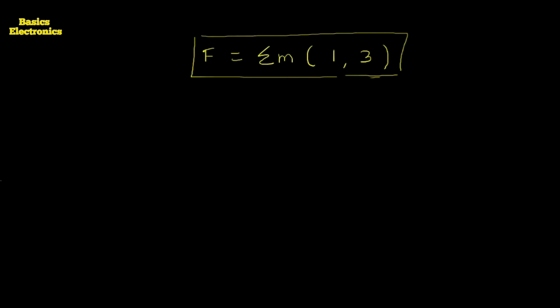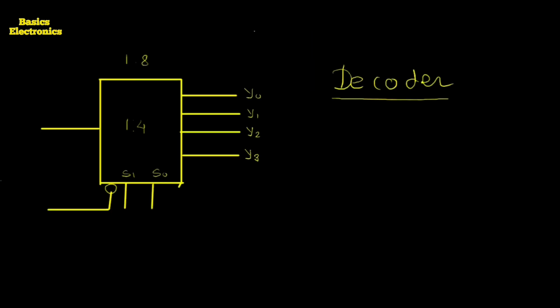Here the higher order digit is 3. If we see the symbol of a 1 line to 4 line demultiplexer, the lines are 0, 1, 2 and 3, meaning the higher order digit is 3. So we can implement it by using a 1 line to 4 line decoder.